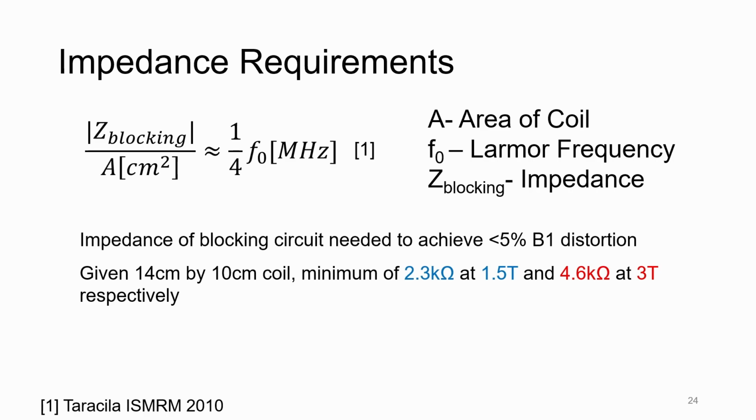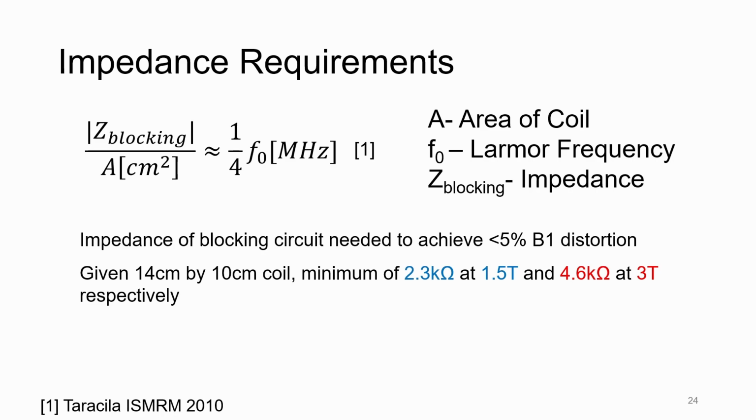Now, an important question you may be wondering is, how much blocking impedance do we actually need? In this abstract written by Victor Tarasilla, he used theory and simulation to find an equation that calculates what blocking impedance is necessary in order to achieve less than 5% B1 distortion.